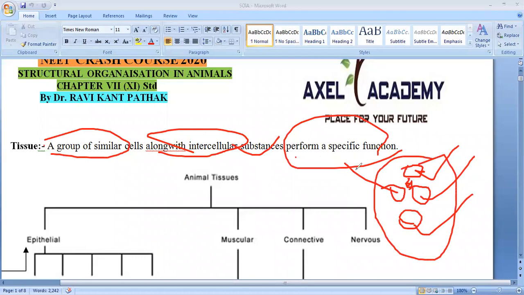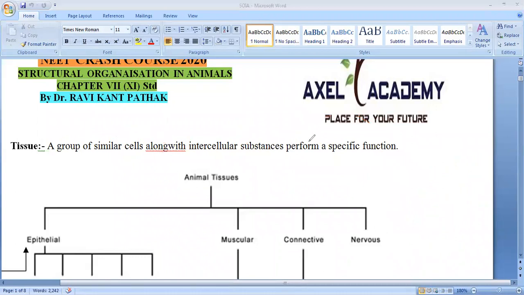This is known as tissue. So tissue is a group of similar cells along with intercellular substances performing a specific function, and the study of tissue is known as histology.